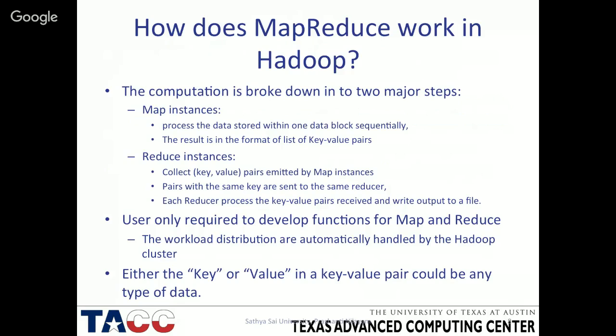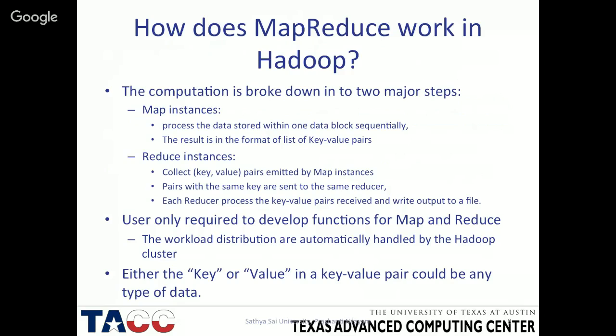You can think about the key as some kind of ID representing a data point. Then the value is the actual value of that data point, right? Sometimes you may be able to use just the key or just the value without the other. We will see some examples. But internally, all the data inside MapReduce is in this key value form.